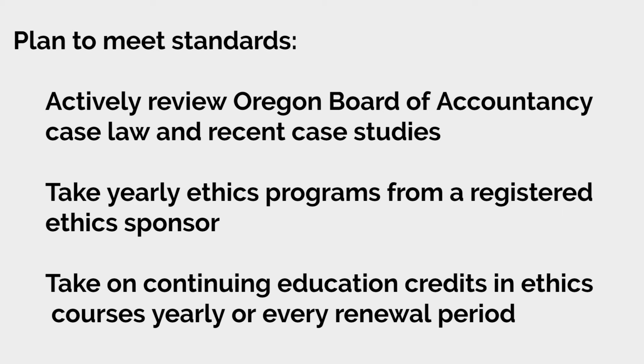These are required upon renewal, but I would take them every year, hopefully from my CPA or under the guidance of my CPA firm. And lastly, I would take on continuing education credits and ethics courses yearly or every renewal period to stay up to date on professional rules, regulations, anything that changes, and to, of course, maintain my ethical standards and codes.